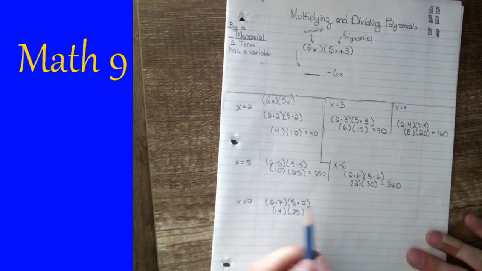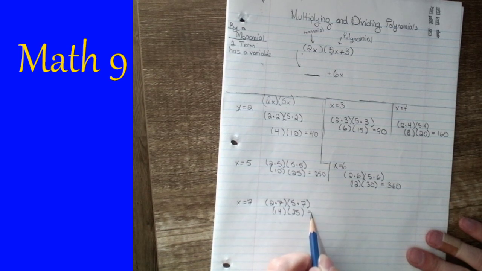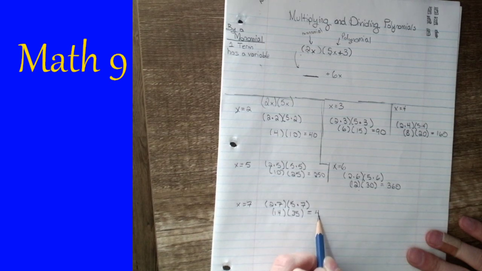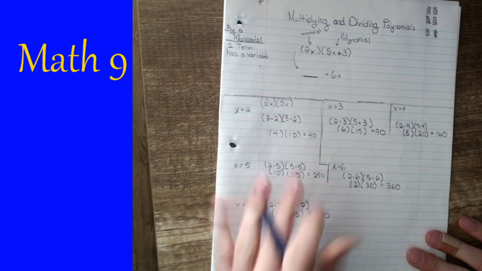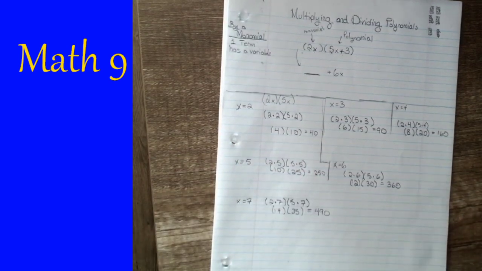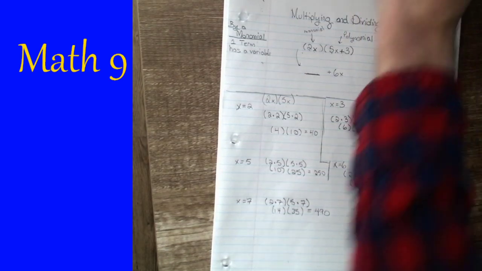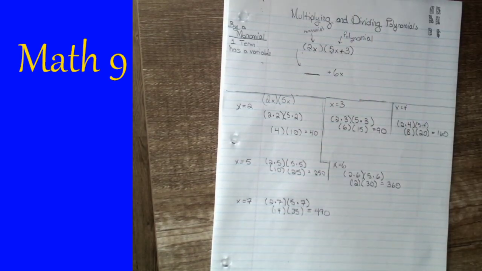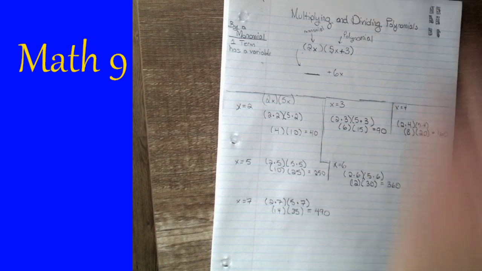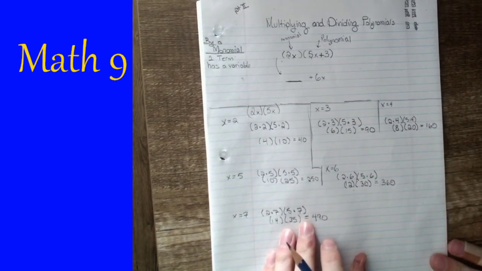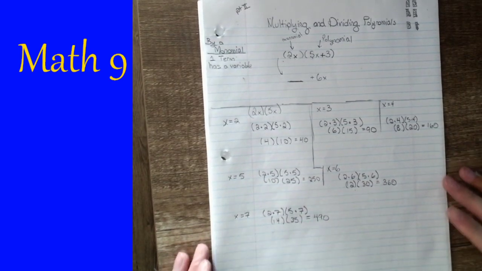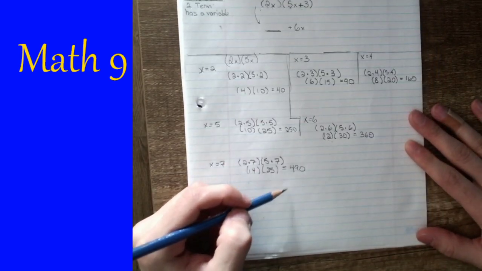So I have 350 plus 140, and that is 490. And so I'd like to examine these numbers that we got, and I'm going to do this down here.